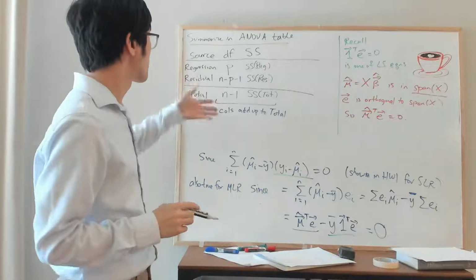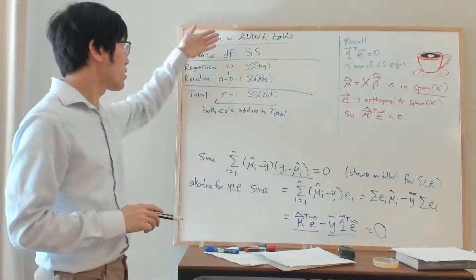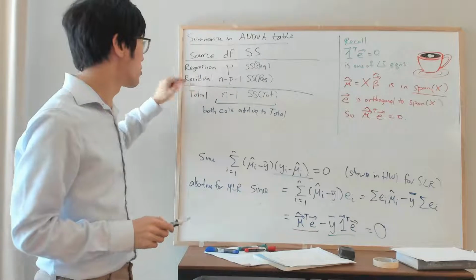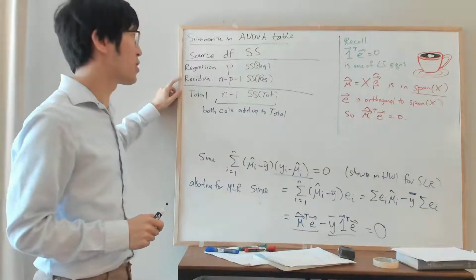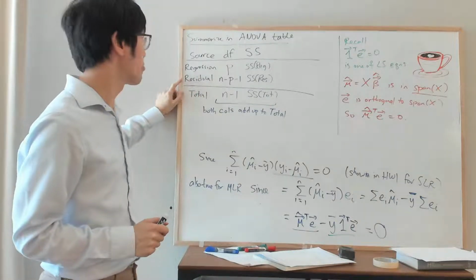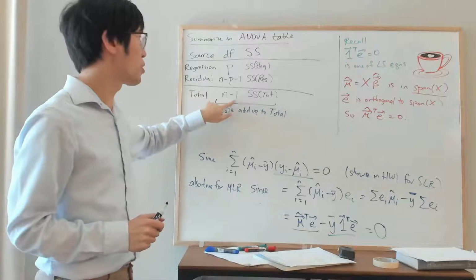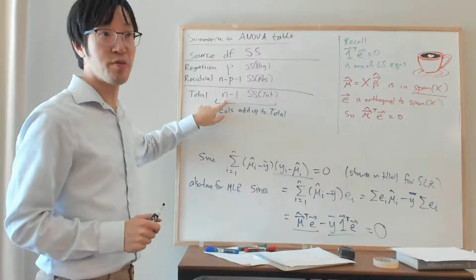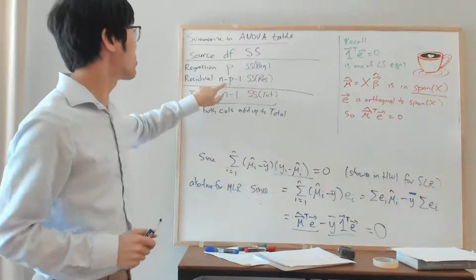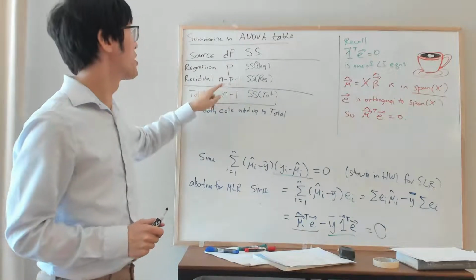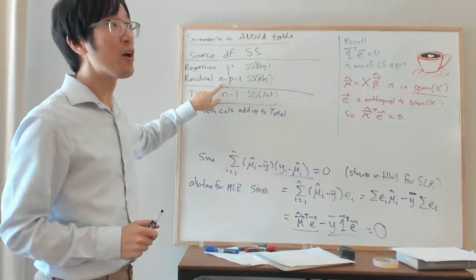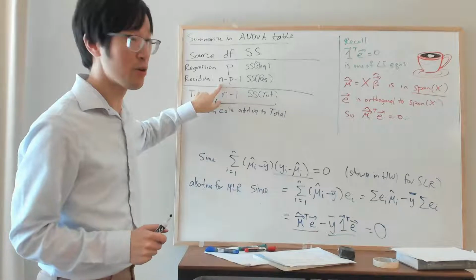And then the degrees of freedom also are related to the variances that we've already seen. So n minus 1 is the denominator for the sample variance of the responses, and n minus p minus 1 is the denominator of our estimate of the residual variance.